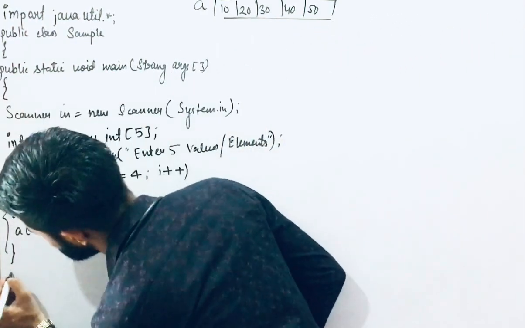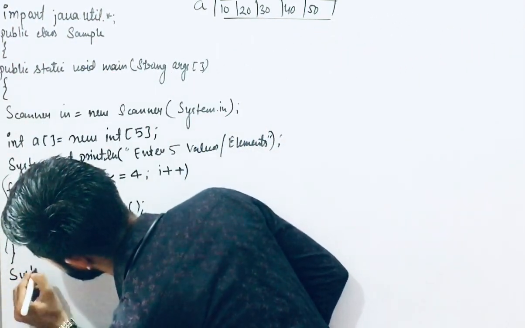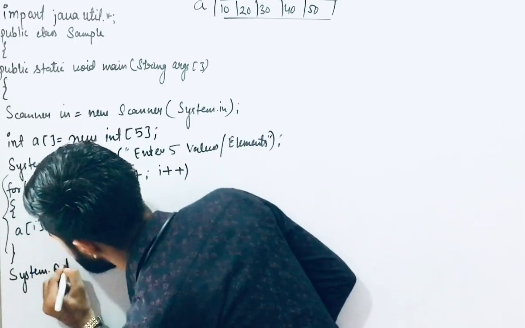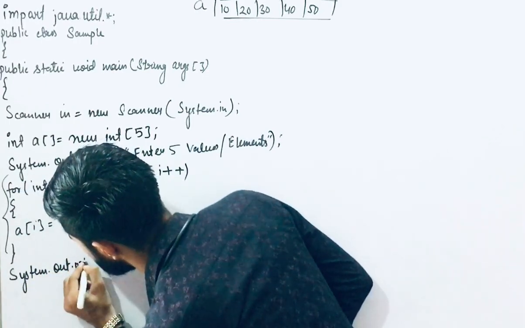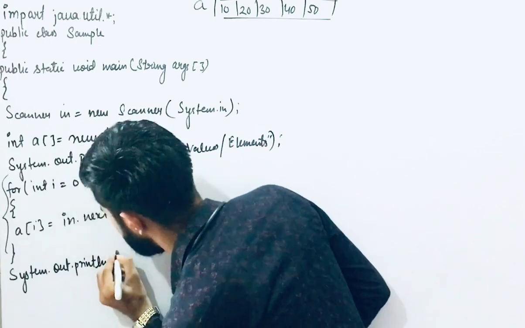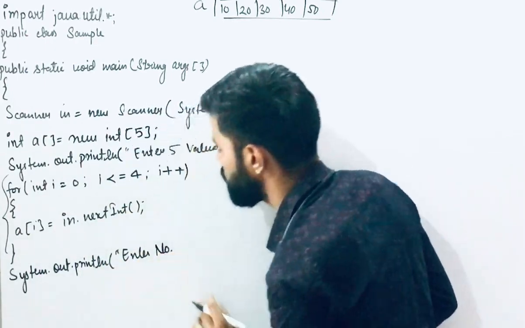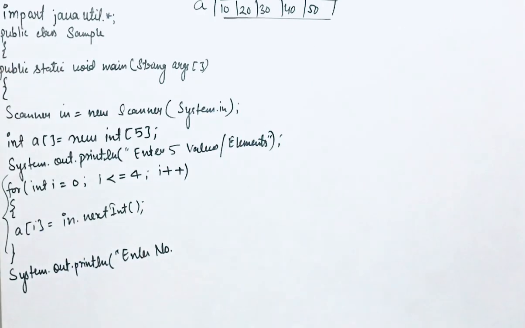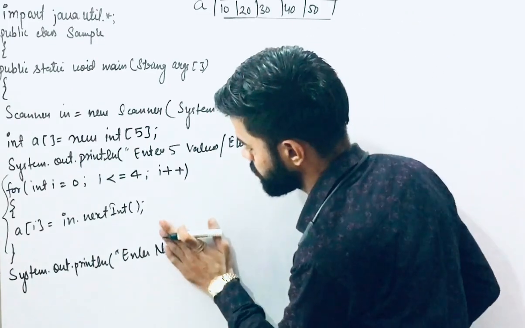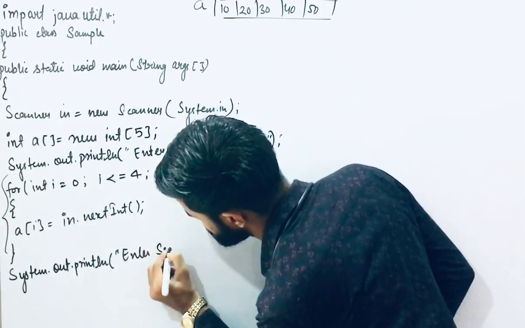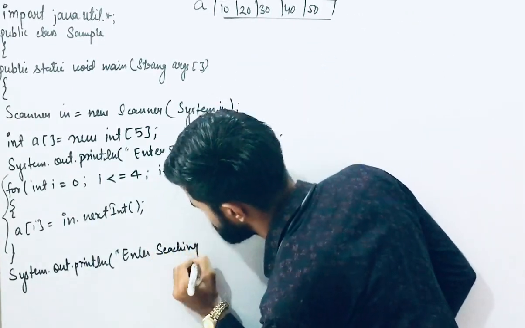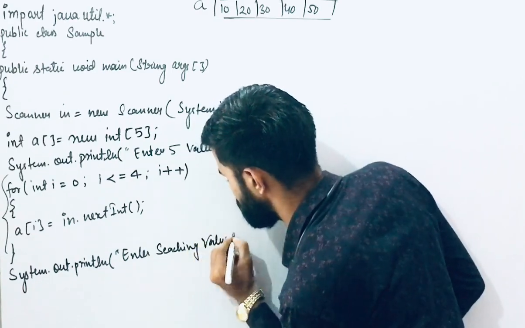After this I am writing System.out.println and then "enter number". Here you need to enter the number which you want to search, or you can also write "enter searching number or value", whatever you want.